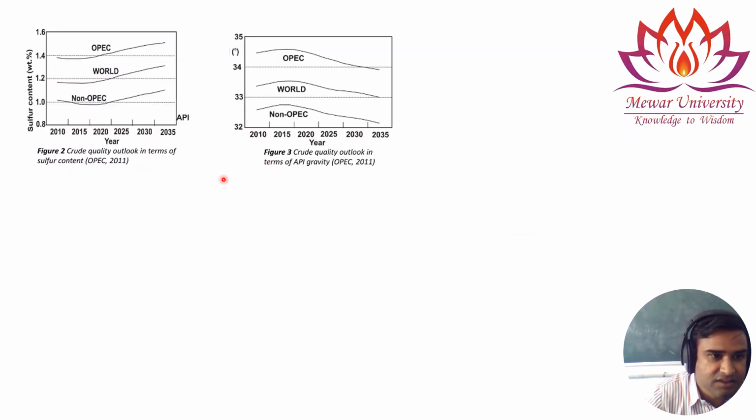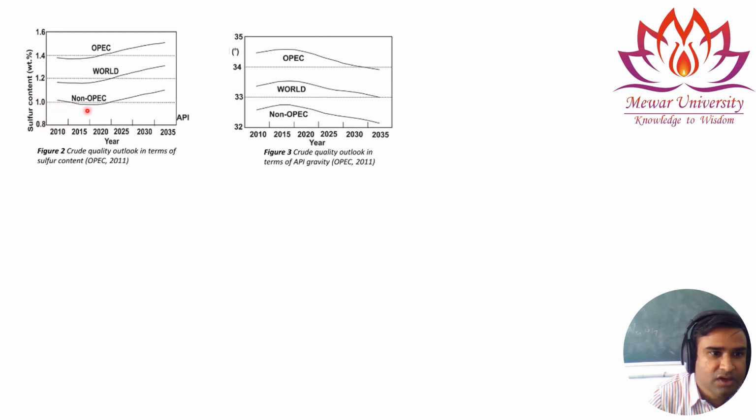This slide is showing the future crude oil quality outlook in terms of sulfur content in OPEC 2011, and the crude oil quality outlook in terms of API gravity, OPEC 2011, for 2010, 2015, 2020, 2025, 2030, 2035. This is the sulfur content.